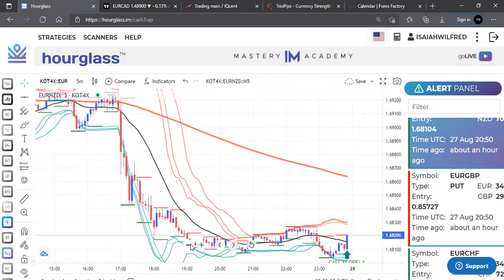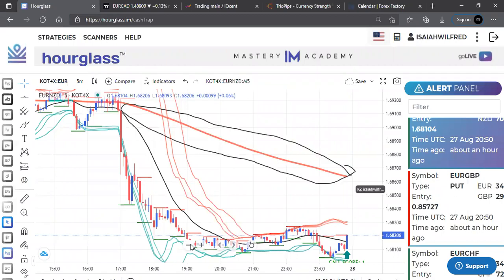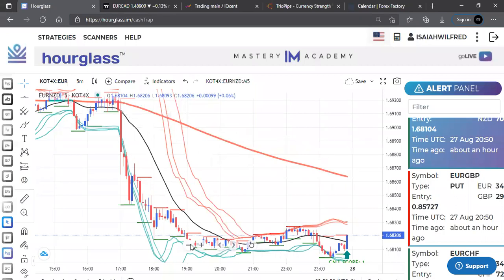This thick line is the EMA. And guess what? It changes color.